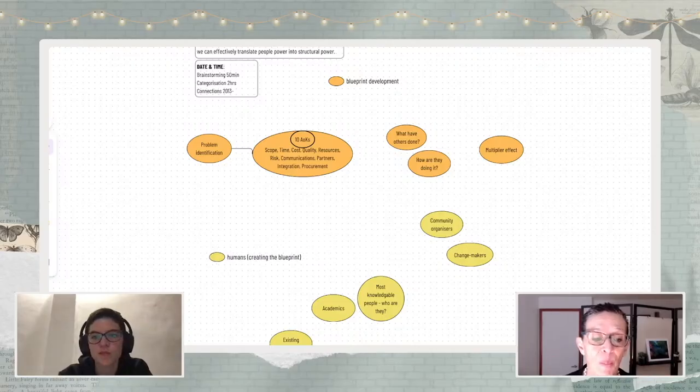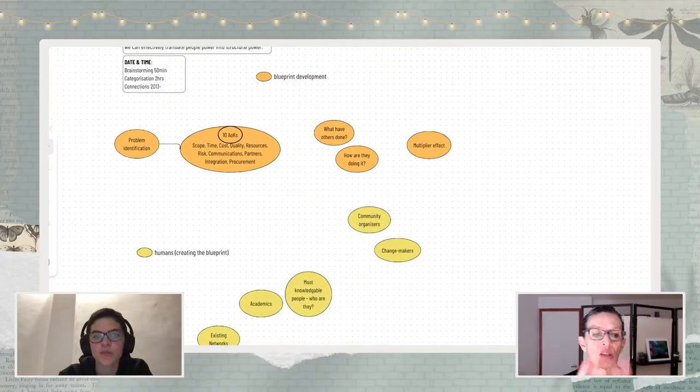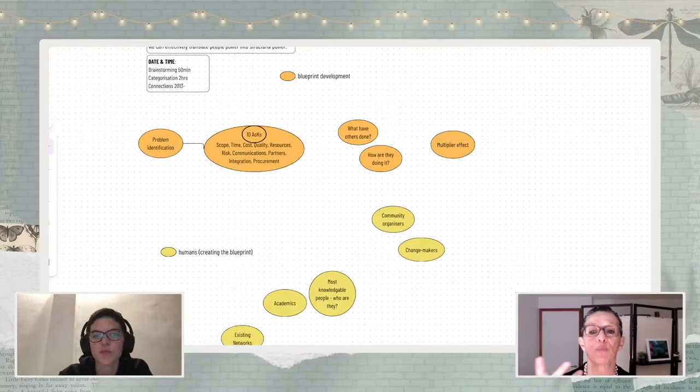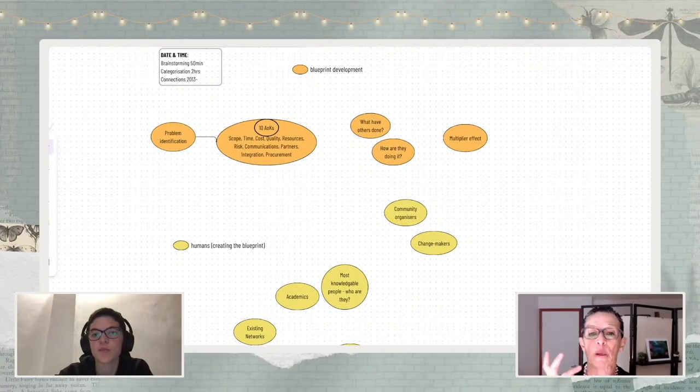the most knowledgeable people, because the orange is right now Alejandro and I, right? It is just us, it's the project management. Okay, we are going to develop the blueprint, but we need experts, right? We need the expertise of those people that have done it before, that have learned a lot of lessons, that have failed and recovered, or they have won and been successful.